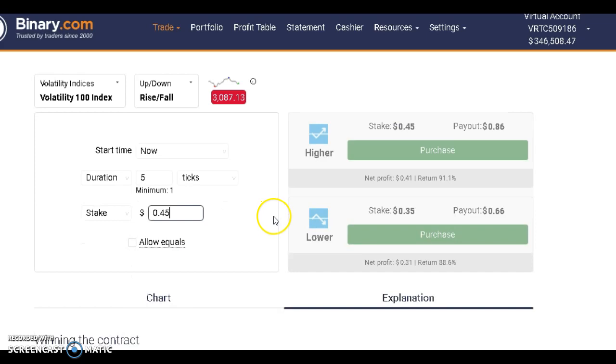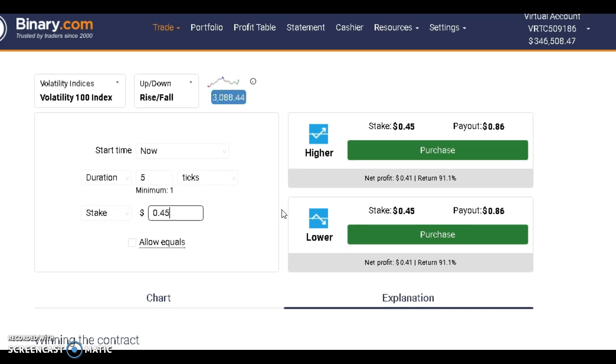My second one. Just see how I play around it and make this balance to $10.